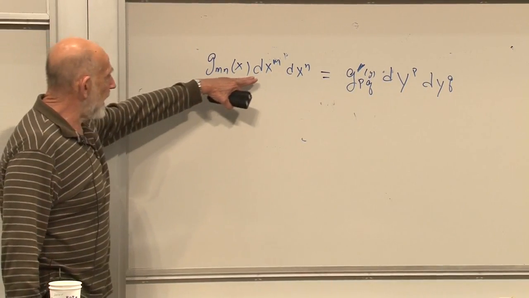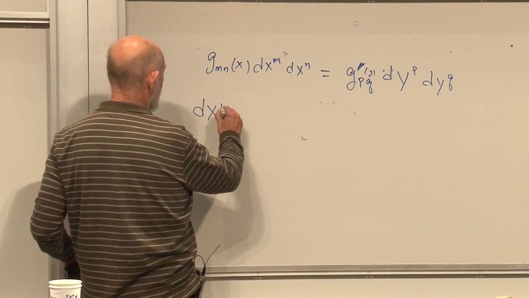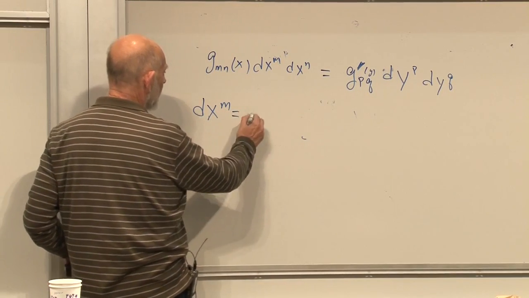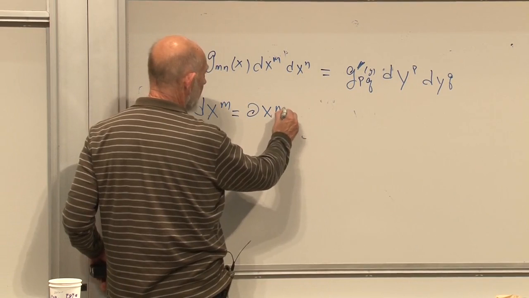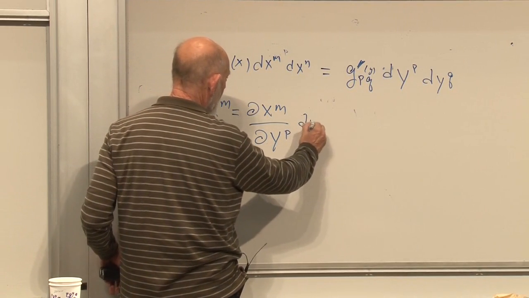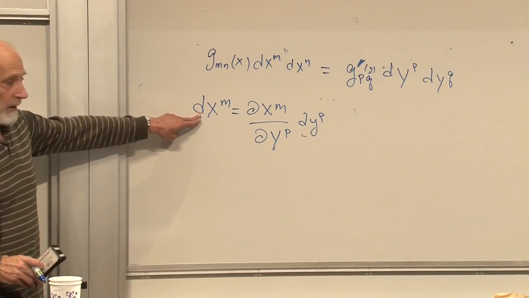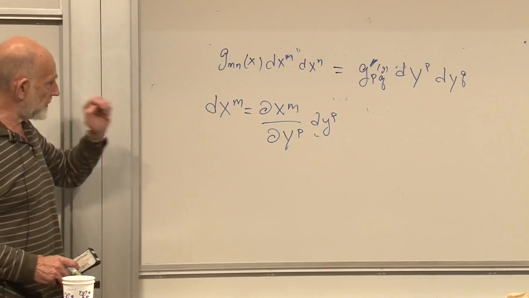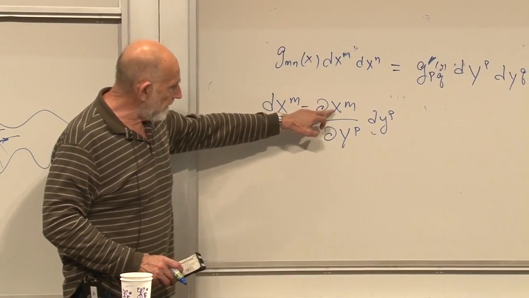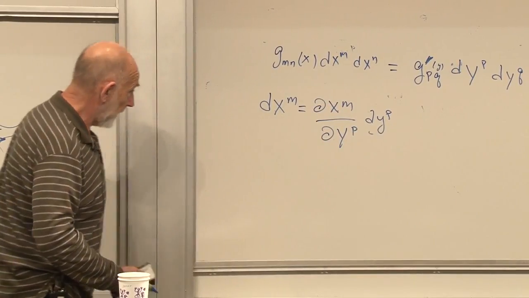Okay, let's rewrite this by writing that dx^m is equal to partial of x^m with respect to y^p dy^p. The little differential element of x separation is the derivative of x with respect to y times the little change in y.